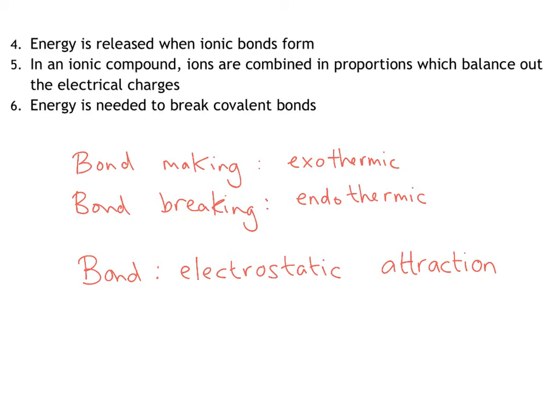So we're not talking about a current flowing, we're just talking about 2 things, one positive, one negative, attracting together. And so if you were to think about 2 things that are attracted to each other, if you bring them closer together, they're going to attract together and they're going to give out energy when they do that, in the same way that if you brought magnets together, they would pull each other towards each other and give themselves some kinetic energy.